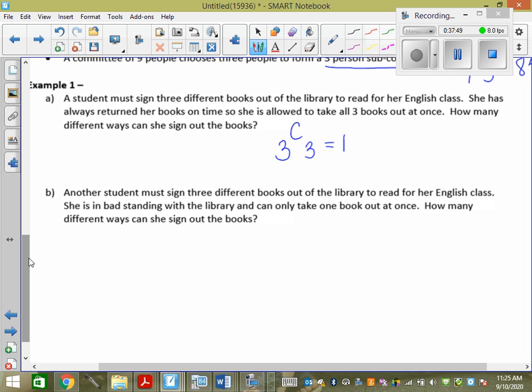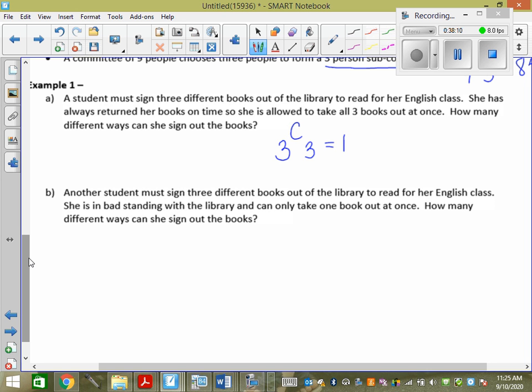Okay, so then this one says, another student must sign 3 different books out of the library to read for her English class. She is in bad standing with the library and can only take one book out at once. How many different ways can she take out a book? Now does the order matter?